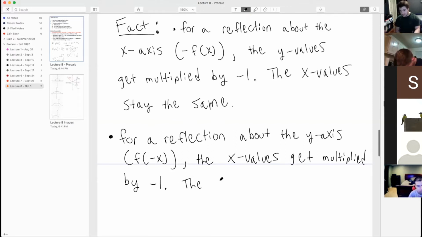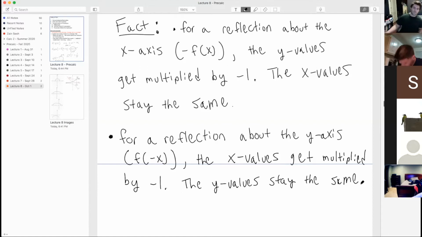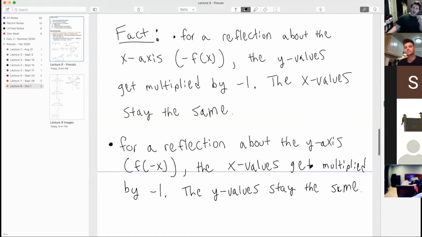There's a difference here. The y values stay the same. So this is the algebraic story. How do you manipulate the actual coordinates themselves? Well, this is how you do it.